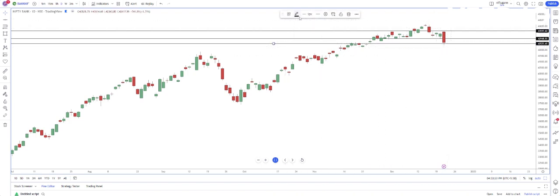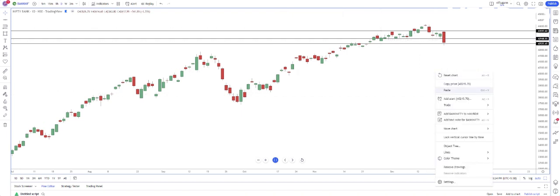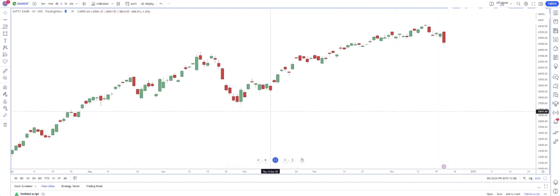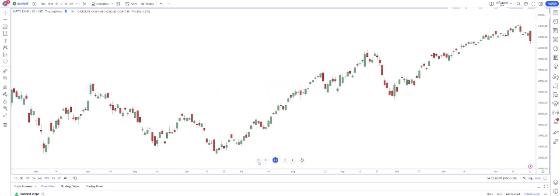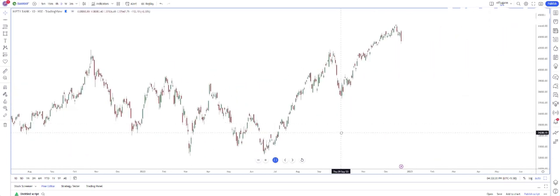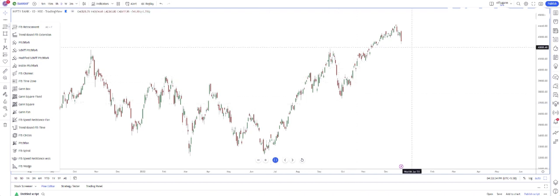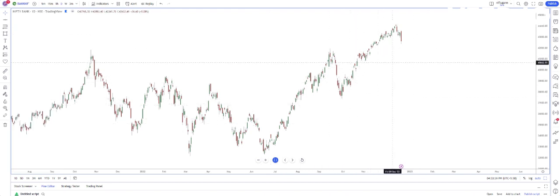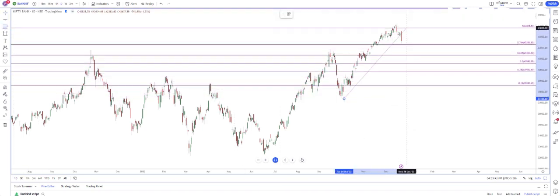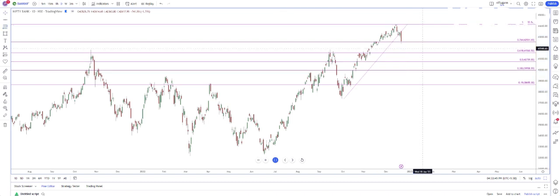If you're not able to even find a decent swing here to mark your Fibonacci, you have to really zoom in and see where potentially. I can't see anything but this as a good reference point to draw my Fibonacci, right? So these are the levels that one can expect.